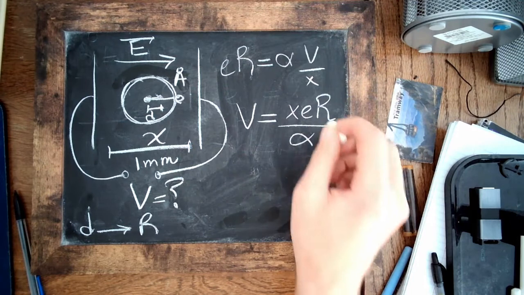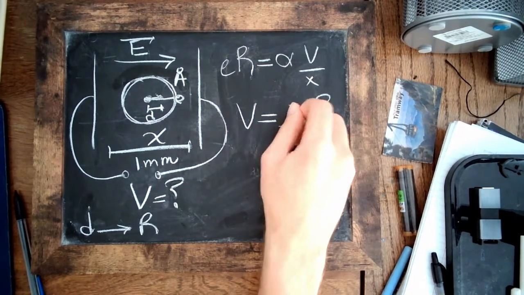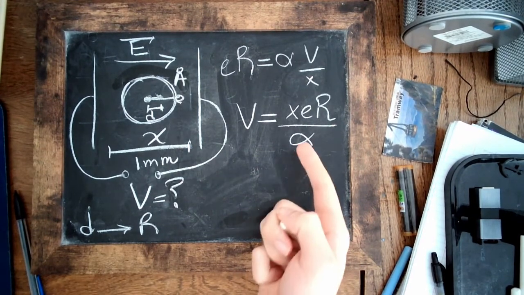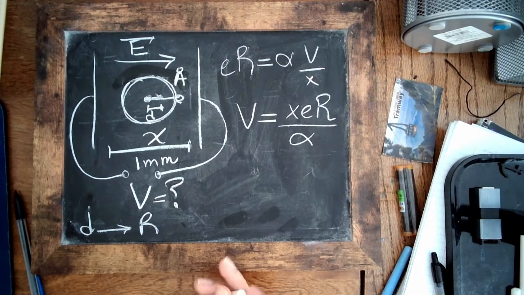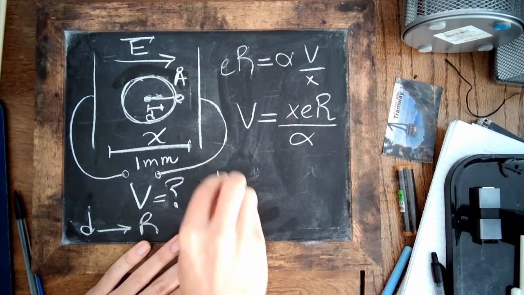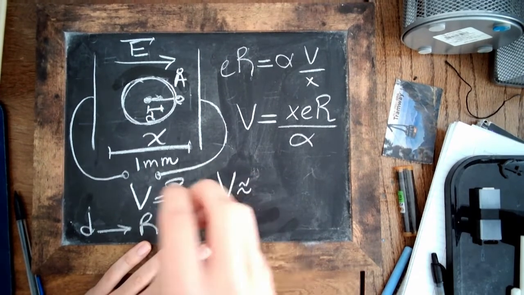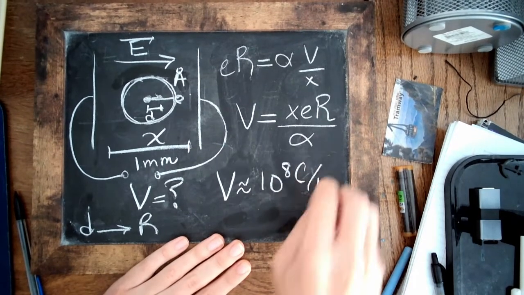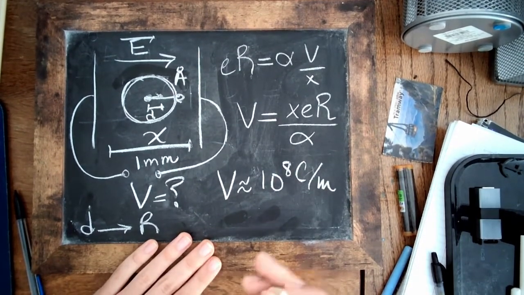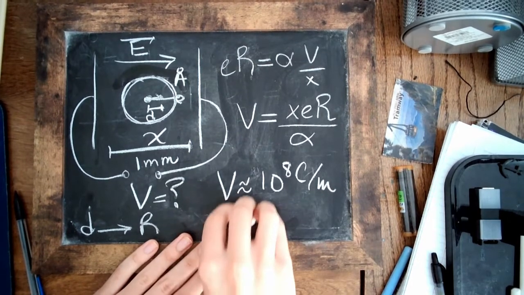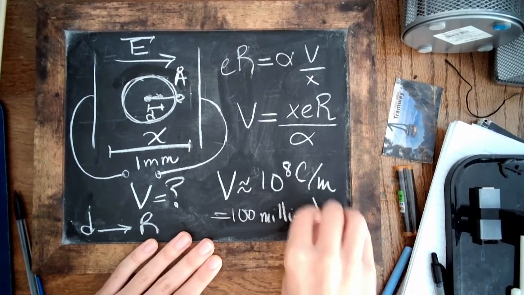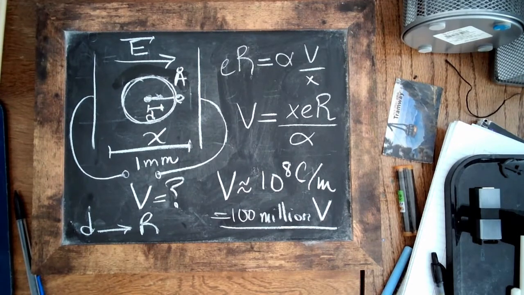Now if we plug in the atomic radius as half an angstrom, separation of a millimeter, fundamental charge of a proton or an electron, and we use the atomic polarizability of a hydrogen atom, we get that the field would need to be 10 to the 8 volts per meter, which is just precisely equal to 100 million volts. That would be a huge electric field. Not likely to happen.